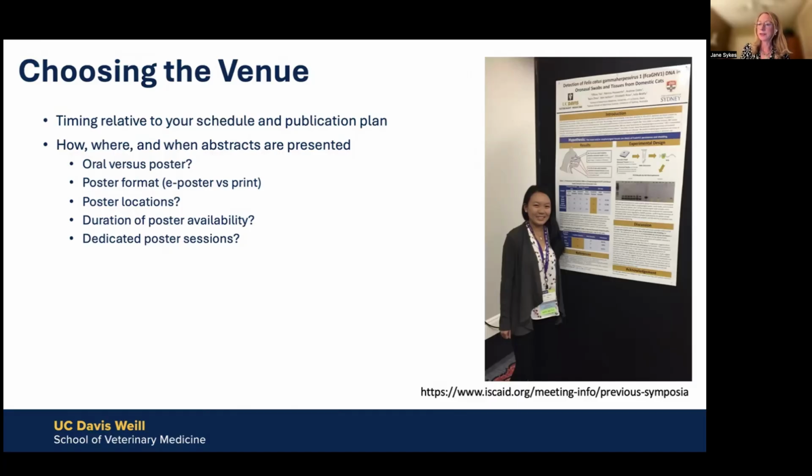And if there are posters, is the format electronic or print? And if electronic, will electronic poster boards be available so you can stand by them and interact with attendees? Or are they going to be something that's delivered online only, which is going to limit your opportunity to do that? When and for how long are poster boards actually available if they're physical?